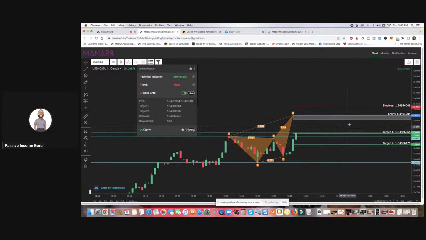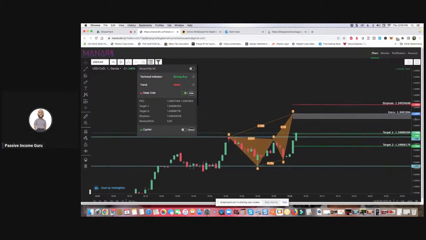The perfect entry. Now, Menara does give you entry points, but what I do is I don't get in right away as soon as it comes here. A perfect entry for me, guys, is when it's outside the box, outside of this gray area. It could be a strong resistance and strong support area right here. So what you want to do is wait for price.